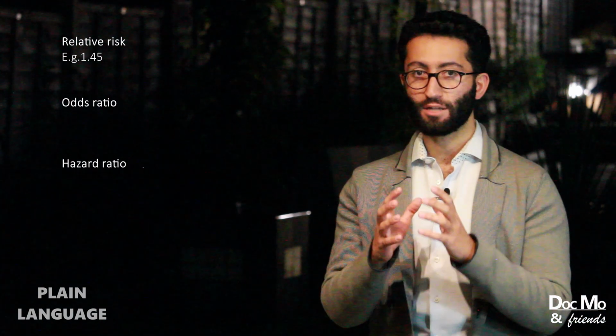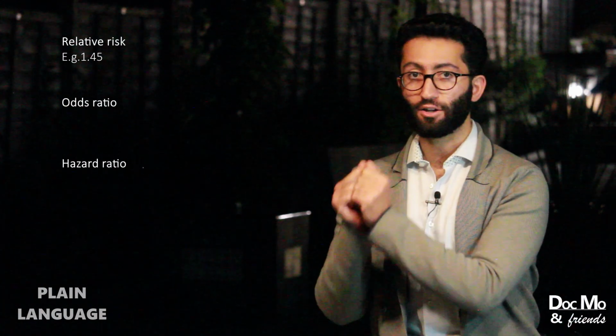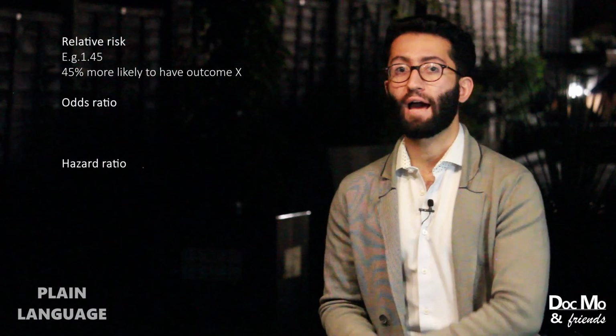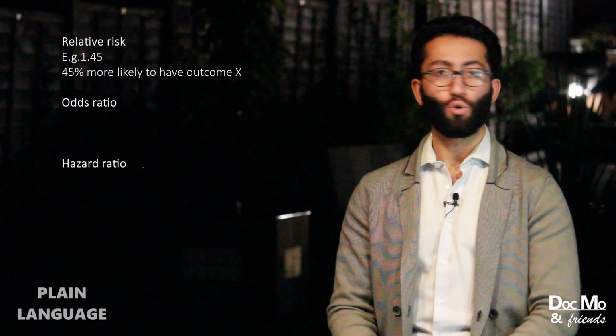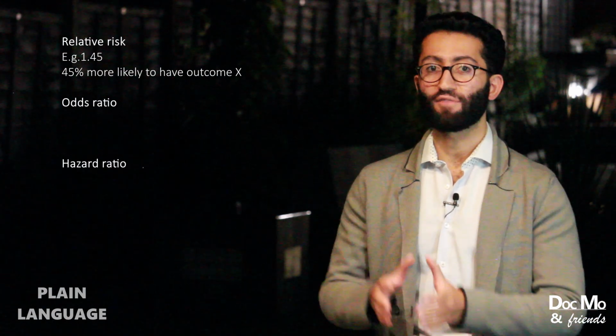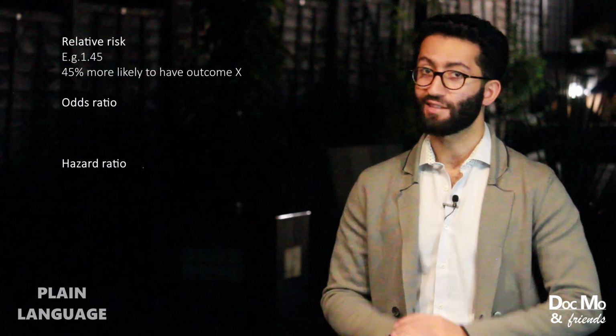The way that we would interpret this statistic is that in the group where patients drank coffee, they were 45% more likely to have tachycardia. Or we can also say that the probability of having tachycardia was 45% higher in the group that drank coffee. That's how we translate that statistic. It's really straightforward.